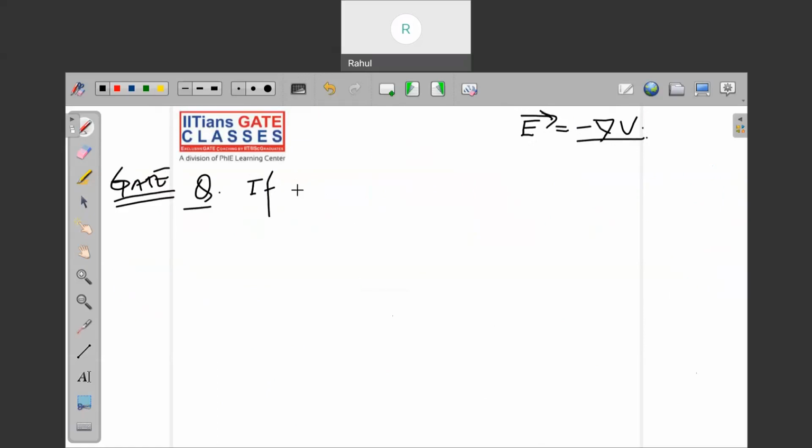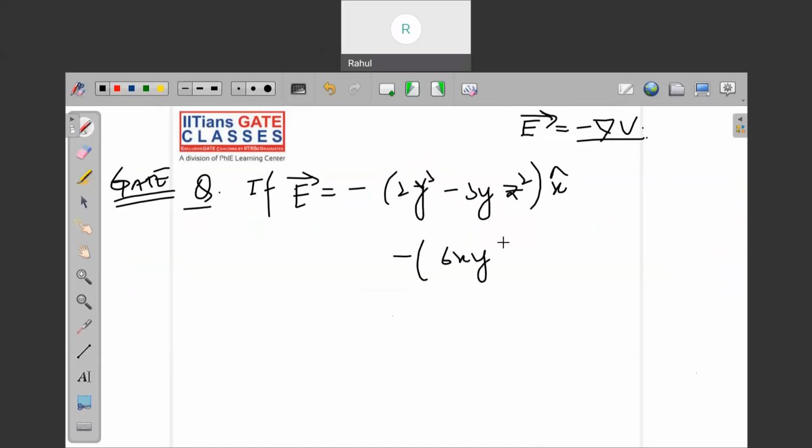So if electric field is equal to minus 2 by cube minus 3 by z square, Ax cap, plus minus 6x by square minus 3x z square, y cap, plus 6x by z cap.